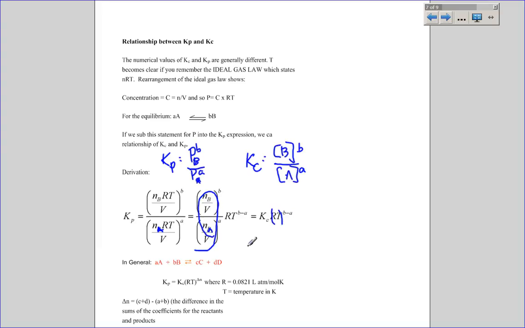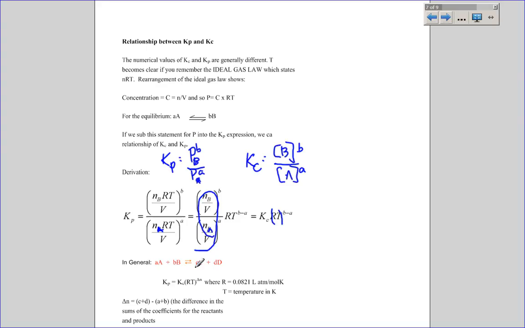So that's in general for this little equilibrium with just two substances. If we've got more than one reactant and product, you could look at the same derivation, and what RT needs to be raised to is the change in n. The change in n is the difference in the sums of the coefficients for the products and the reactants.